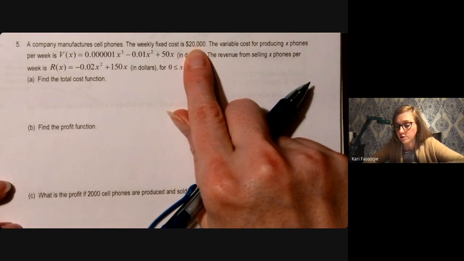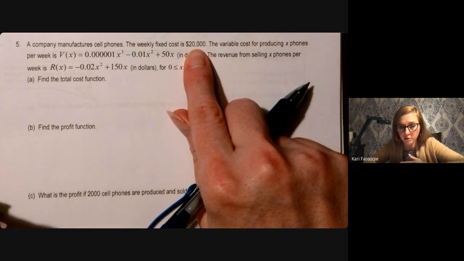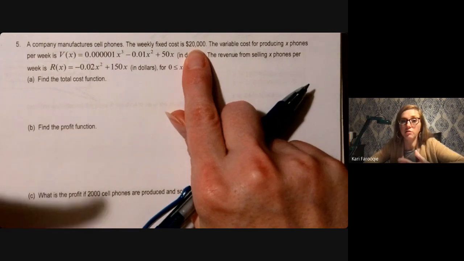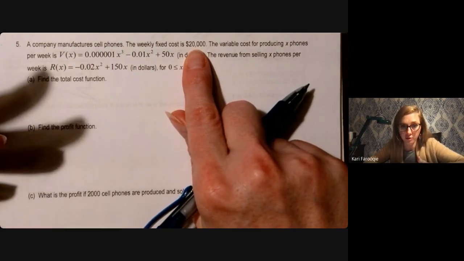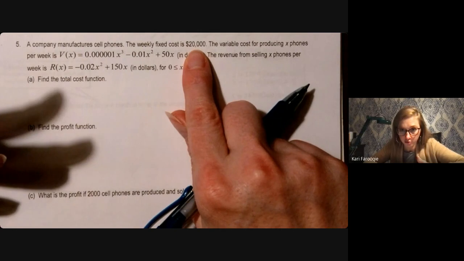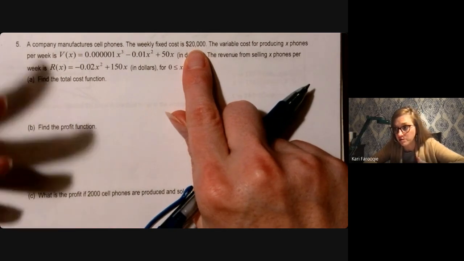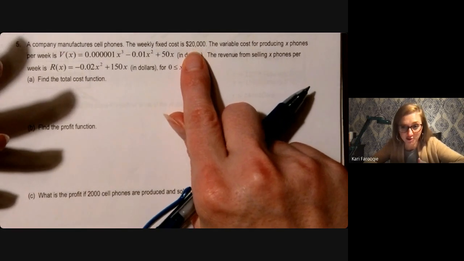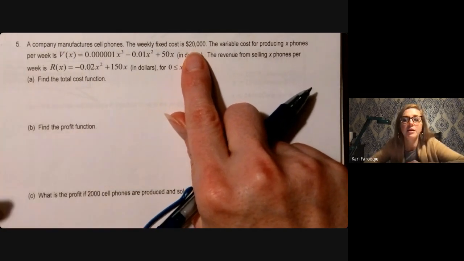Maybe even the facilities that you maybe rent or you're paying off, or just the cost of keeping those facilities running, the machines. Fixed costs are just costs you have to pay regardless of the number of phones you sell. You might have a really bad month, but that doesn't mean that you don't have to pay to air condition the building that everyone's making the phones in, something like that.